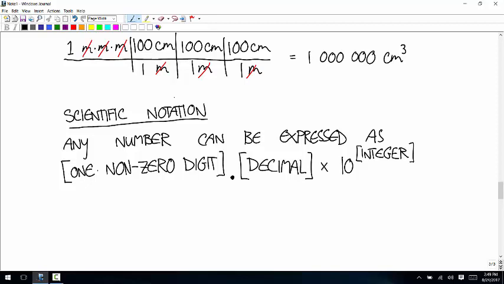I'll give two examples. The first one, if you have the number negative 3,461.45, that's the same thing as negative 3.46145 times 10 to the third power.